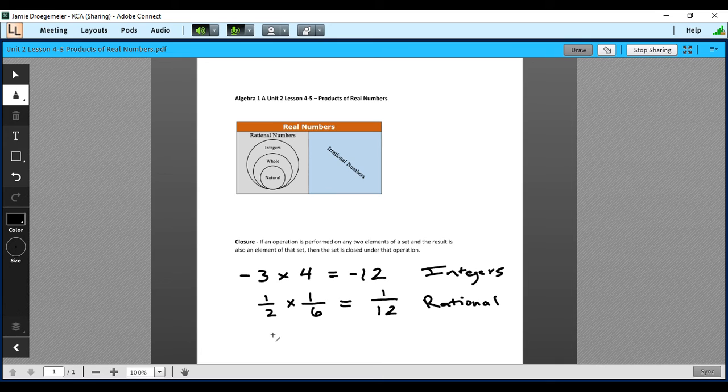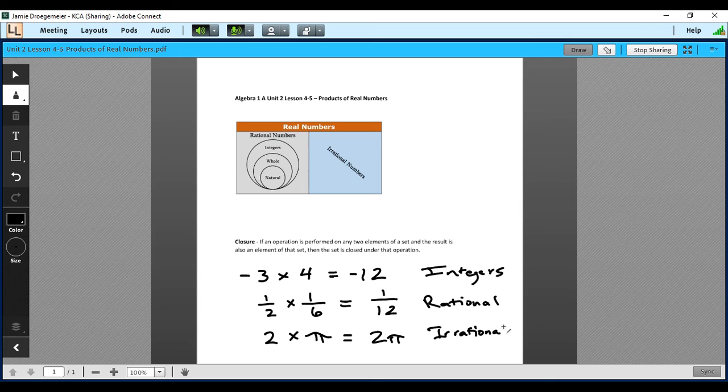But just as an example, let's say I take 2, which is a rational number, and I multiply it by pi, which is an irrational number. Well, this is going to equal 2 pi. And if you take 2 times pi, you're going to still get a long irrational number.